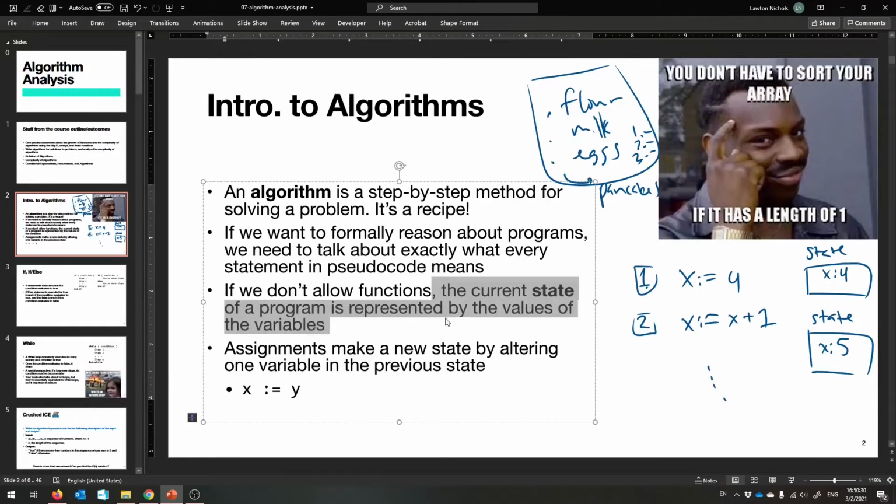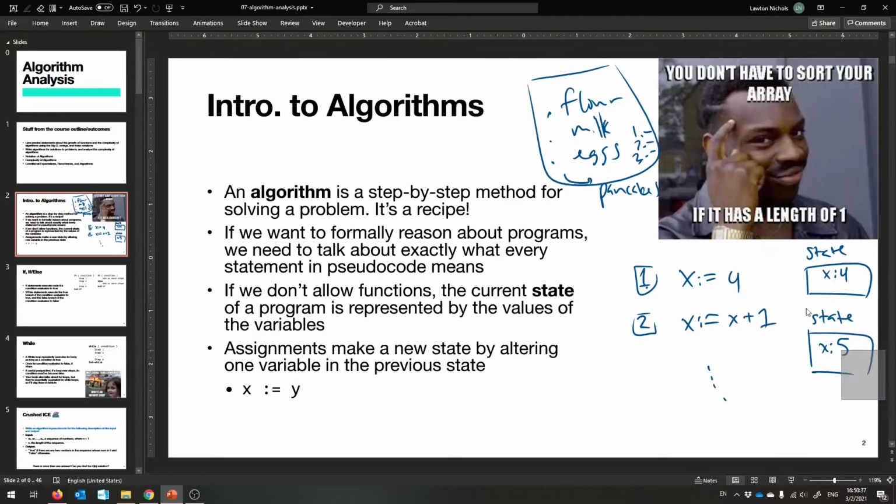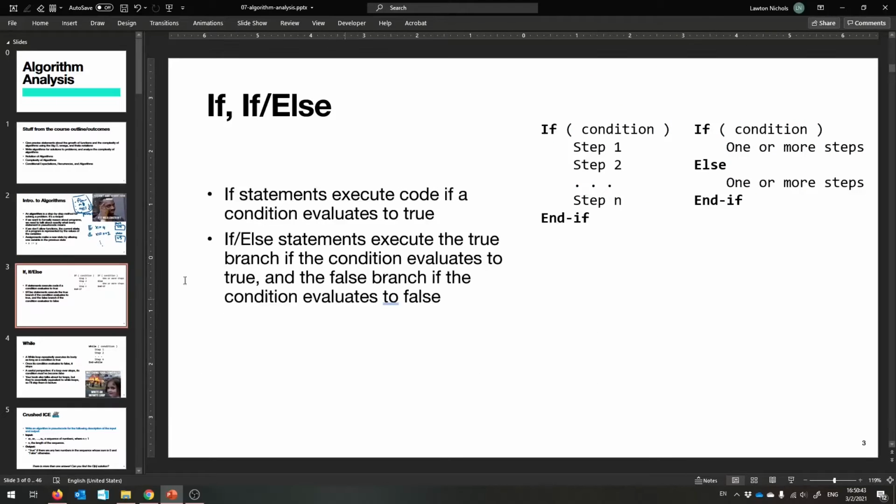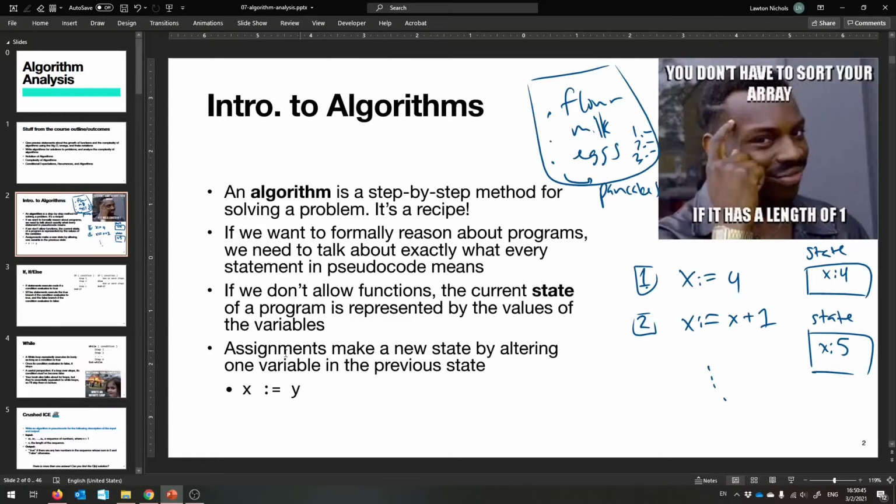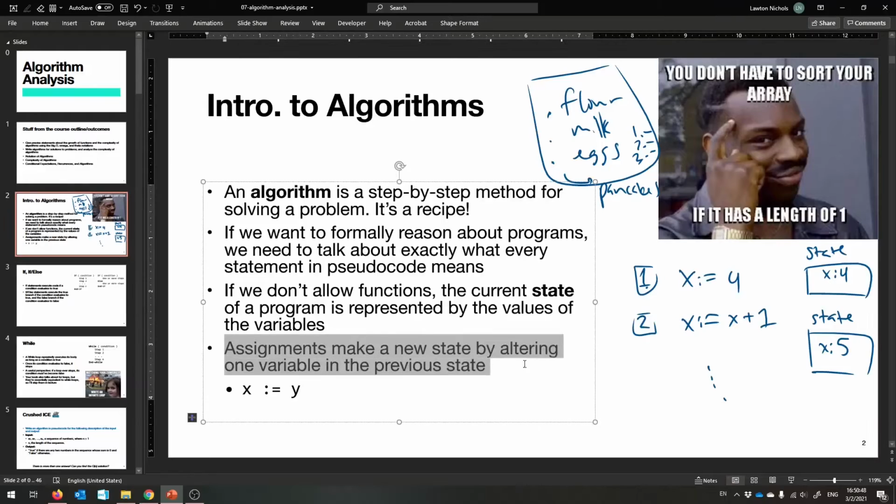Okay, and this is the beginning of how to do this for real, to analyze programs. We have to keep in mind, what does it mean for a program to be executing? What is it even doing? Okay, the state is changing. That's the point. So for example, for assignments, that's pretty easy. They make a new state by altering one variable in the previous state.